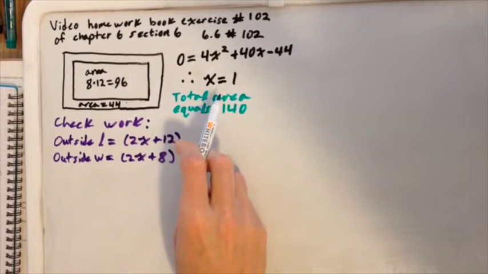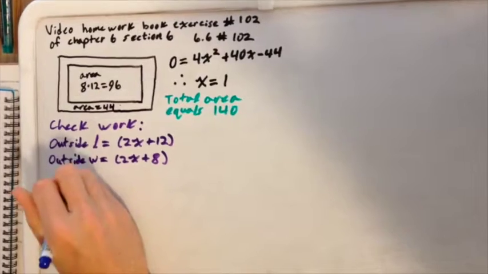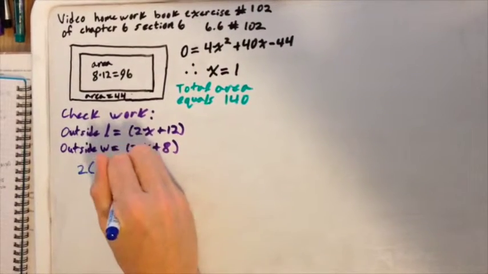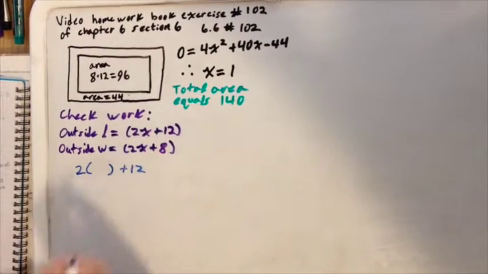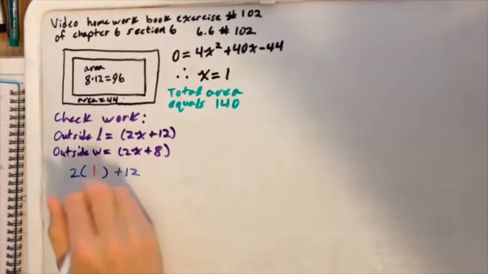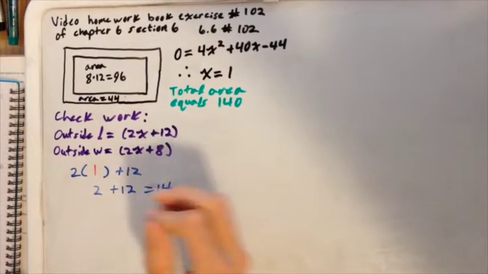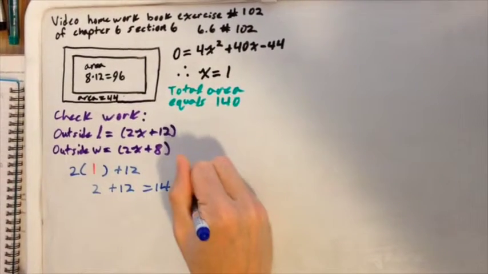So we found that x was equal to 1, so we're going to plug that into these two equations. So 2 times that something plus 12, and that something was 1. So we have 2 times 1 is 2, plus 12 equals 14, which is the outside length.